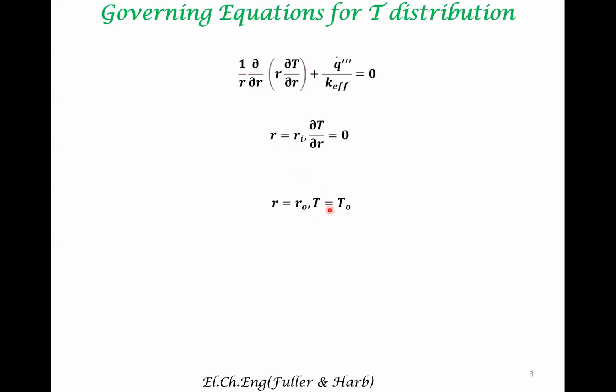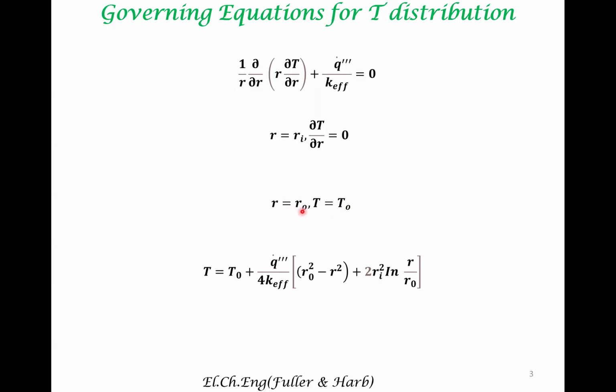So at the outer radius, one way of establishing the boundary condition is that the temperature is equal to the ambient temperature. Okay, so that is one way of establishing the boundary condition. So there are 2 boundary conditions. You can easily solve this problem. You must have done it in your heat transfer class. This is the solution.